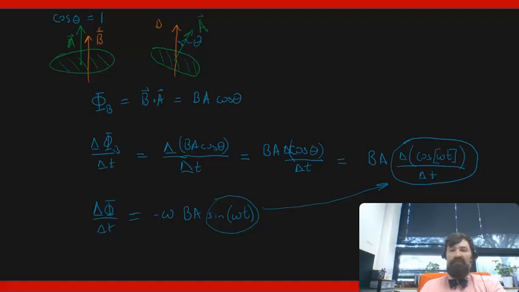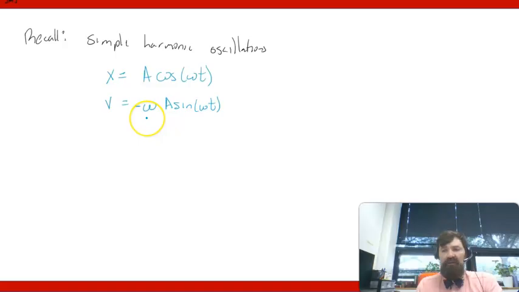And that's, in some sense, reviewing back when you learned about oscillation. When you learned about simple harmonic oscillations, we figured out that the motion of the mass at the end of a spring might be described by some amplitude times cosine omega t, but that was the position. So if you wanted to find the velocity, that ended up being negative omega times A times sine of omega t.